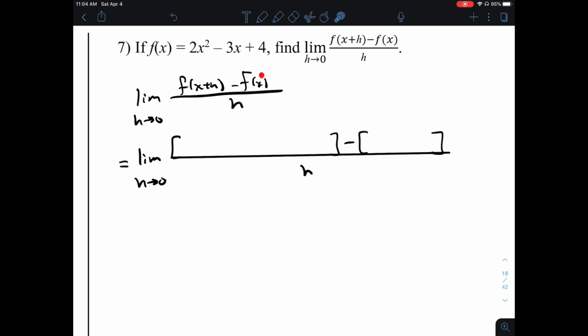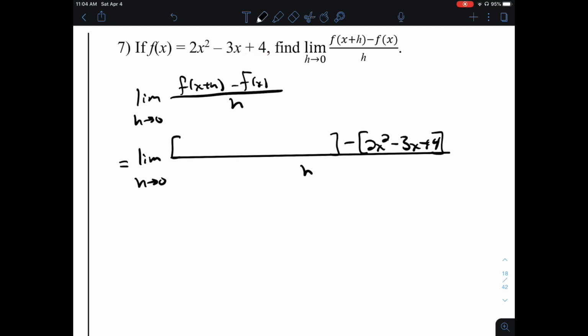Then we're going to subtract from that just the original function. Let me write down the original function first because that's easier. The original function f of x, which goes here, is simply this function here: 2x squared minus 3x plus 4. Yes, you need this subtraction sign. And what I really want to emphasize, you need these brackets because we've got to distribute the subtraction.